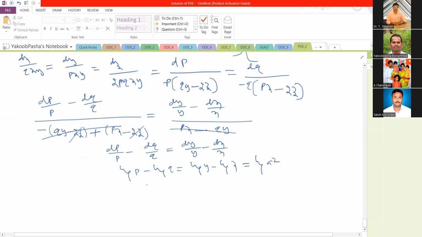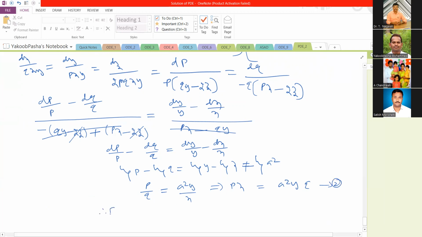So P by Q is equal to, sorry, here plus, here A square Y by X. So I am writing Px value from this. That is A square Y Q. And substitute this in equation 1.